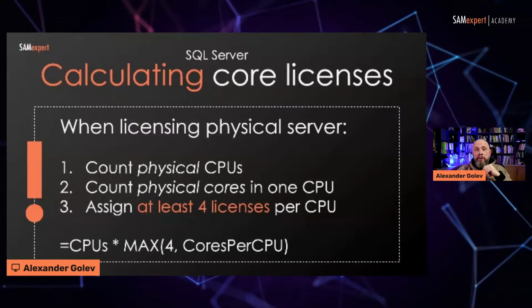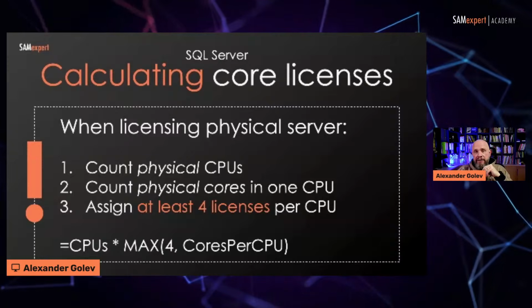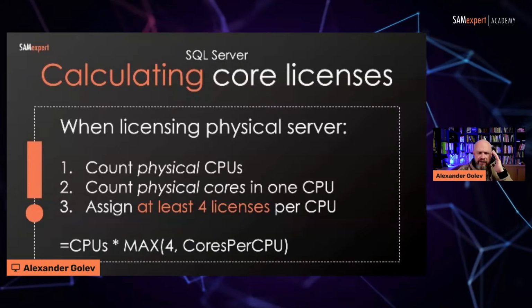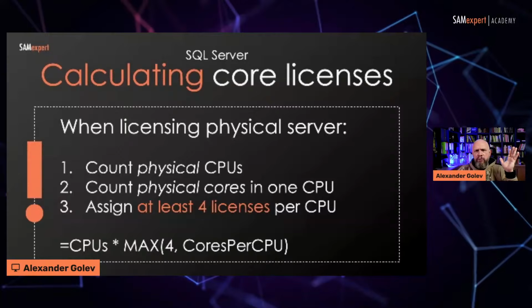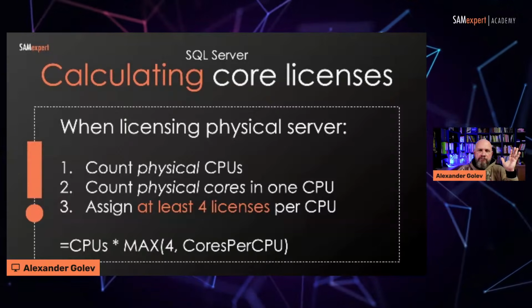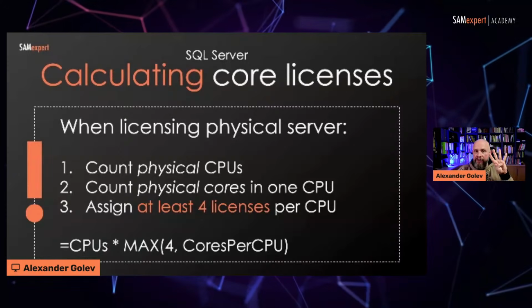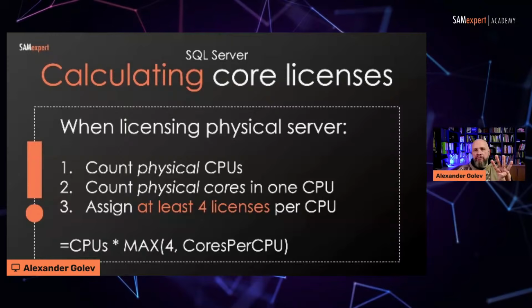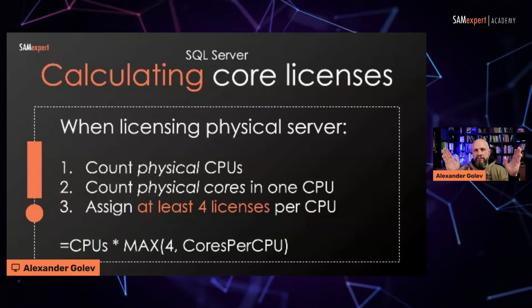But if you have legacy hardware, for example a 4 processor server where each processor is an old Xeon with 1 core, then unfortunately you need 16 licenses for that server because there's a minimum of 4 licenses per physical socket. But then again, 99% of you will be just counting the total number of cores in the server.